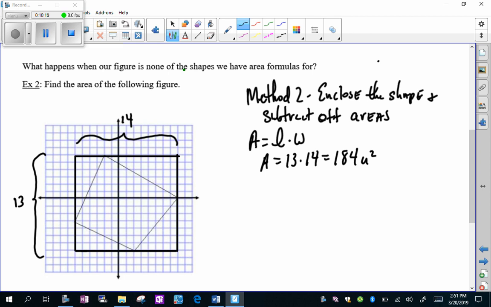All right, now, what else do I have there? I have 1, 2, 3, 4 triangles. So if I get the area of those 4 triangles and subtract from my 182, which I wrote as 184, which is a mistake, I'm sorry.